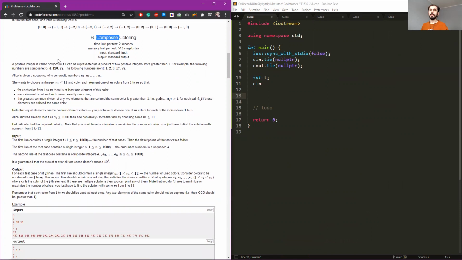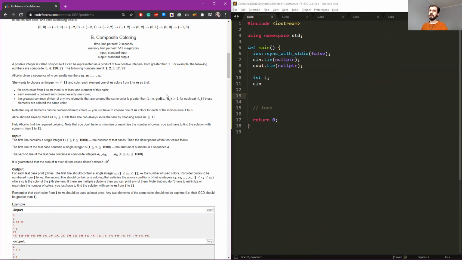A positive integer is called composite if, yeah, I know. Sequence of n composite numbers. Once you choose an integer m less or equal to 11, color each element with one of m colors, so that for each color 1 to m there's at least one element of this color. Each element is painted exactly one color. The GCD of any two elements painted the same color is greater than 1.